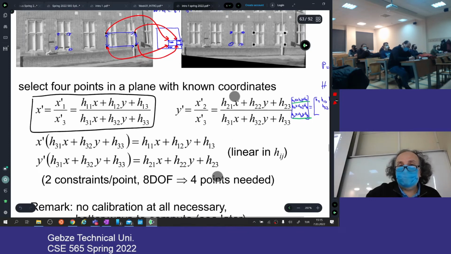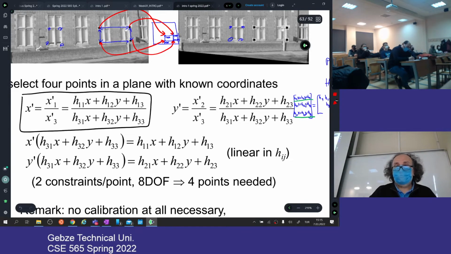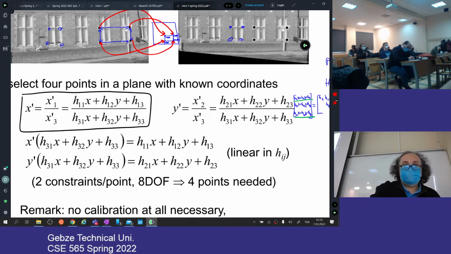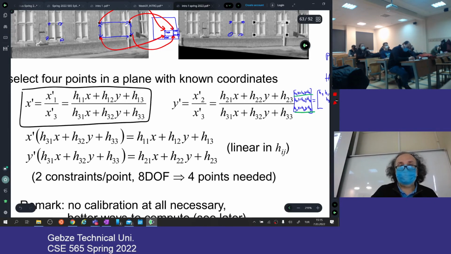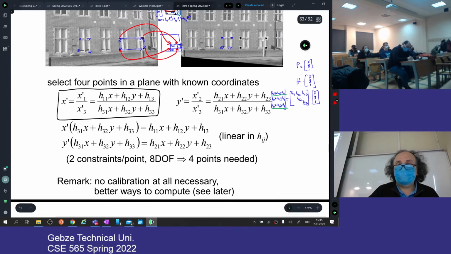Okay, and I can write the same thing for y prime. If I do the math, this is x prime, this is y prime, and I can write x prime this way, and I can write y prime this way. So here I am after h.